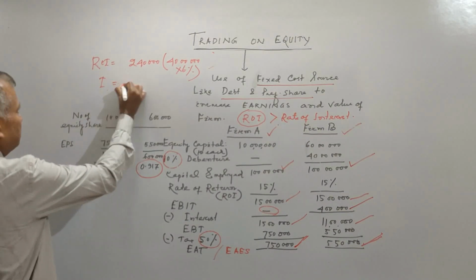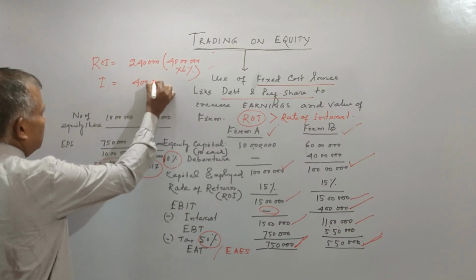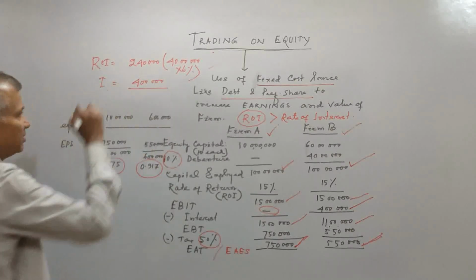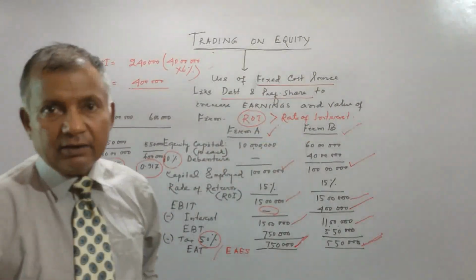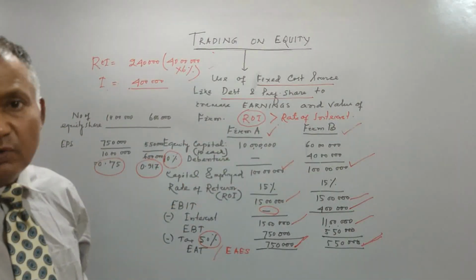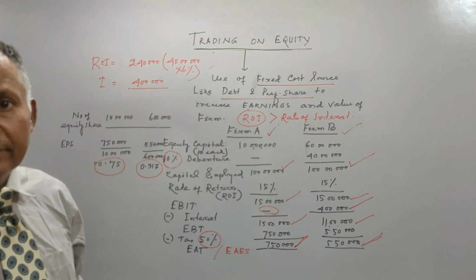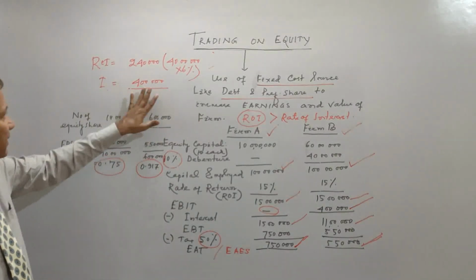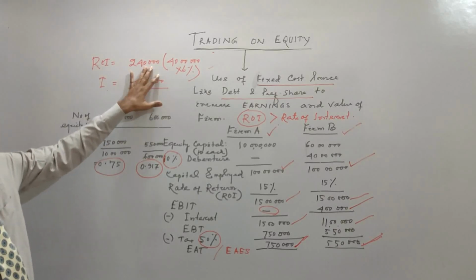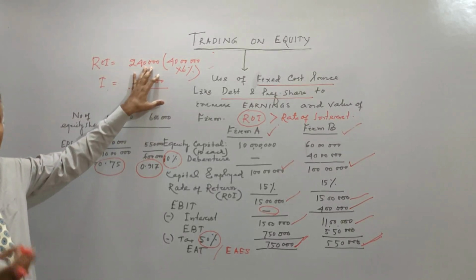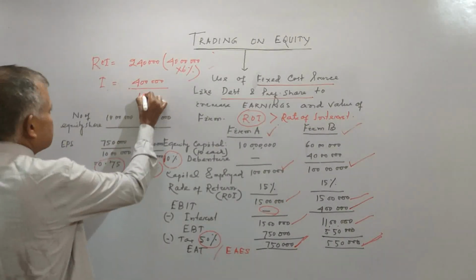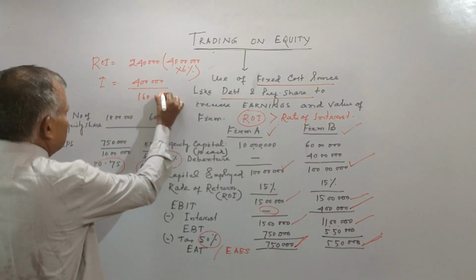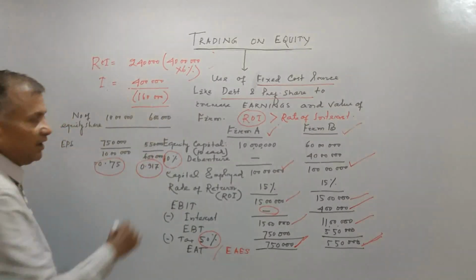But I have to pay 40 lakh into 10%, 4 lakhs. I will be paying 4 lakh to the bank, to the debenture holder, to the person who has given the loan to me. This is the cost of debt, 4 lakh, but on my investment I am getting a return much less than that. So here 1,60,000 is the loss the company is suffering.